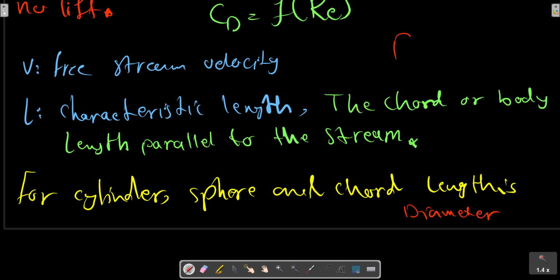As we know, the Reynolds number is VL over the kinematic viscosity. Drag coefficients are defined by using a characteristic area A, which may differ depending on the body shape.